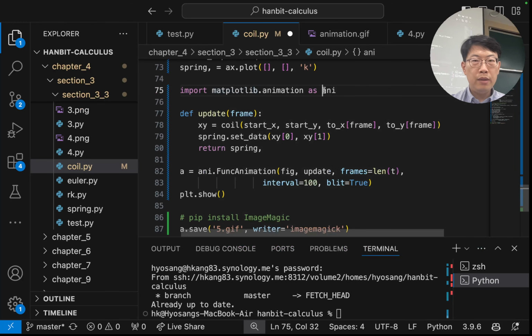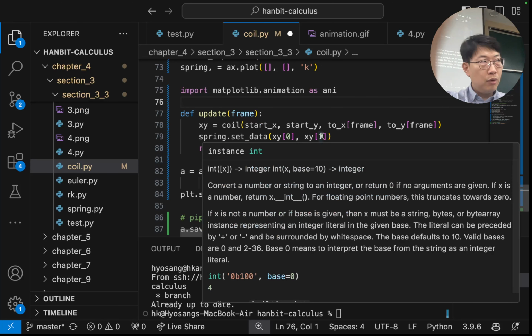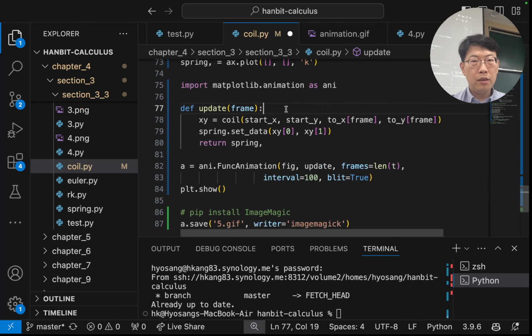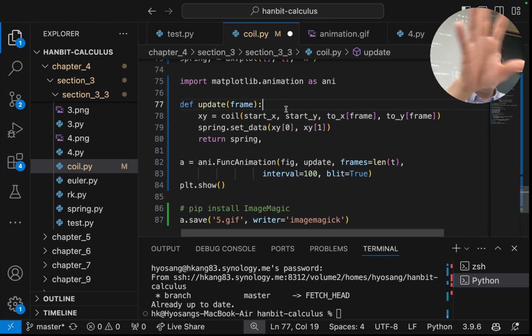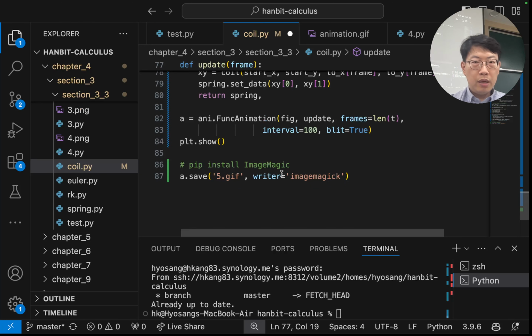I imported another package for saving the image as a GIF file. I will upload this file on Colab, so you can copy and paste it into your computer, or you can just run it in Colab. But make sure that you installed this package using pip.